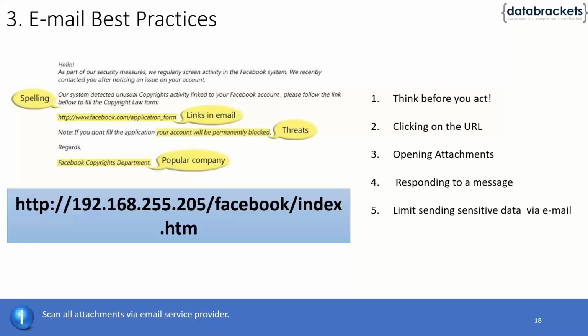If you take any major data breaches, including the DNC hack that happened in 2016, all the way to some of the recent hacks, it all started from somebody sending a phishing email. As you could see here, although it says facebook.com application form, the actual link is not going to Facebook. It goes to some IP address, and they've named it facebook/index.html.